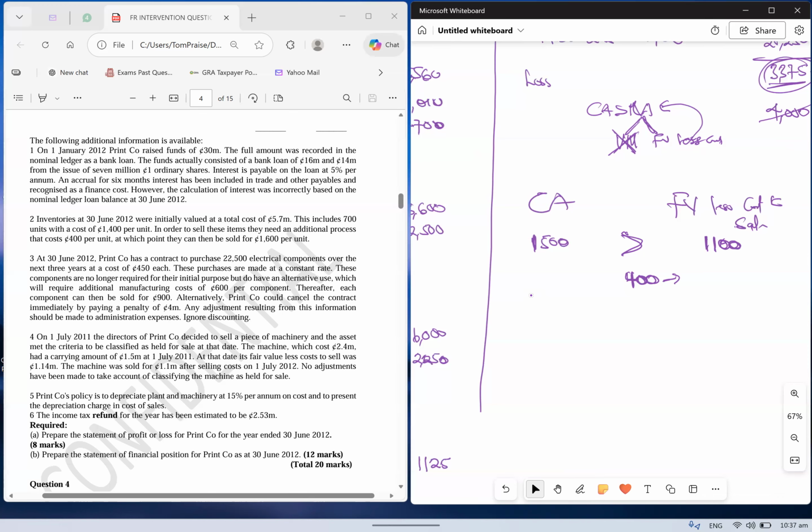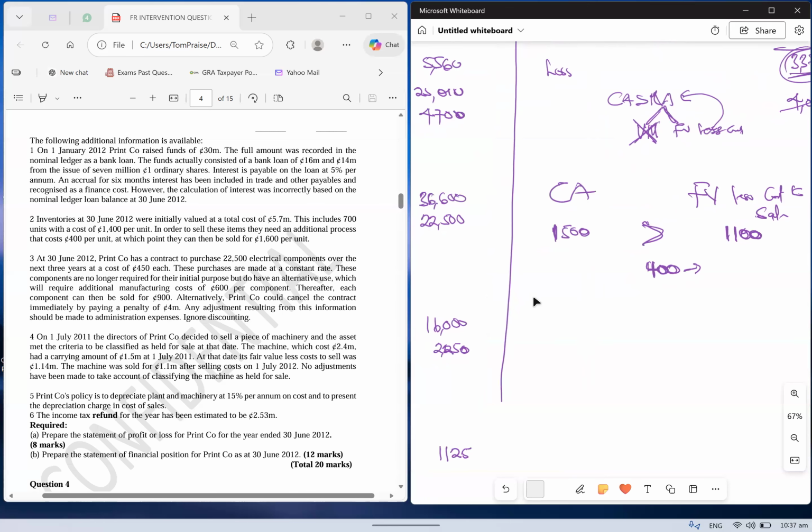So if you go to the balance sheet, you should have another asset called NCA held for sale, and this is the value, which means that machine should not be part of our PPE anymore because we are classifying it as held for sale. So this 1,100 will go to our balance sheet, and this 400 has to be in our P&L.